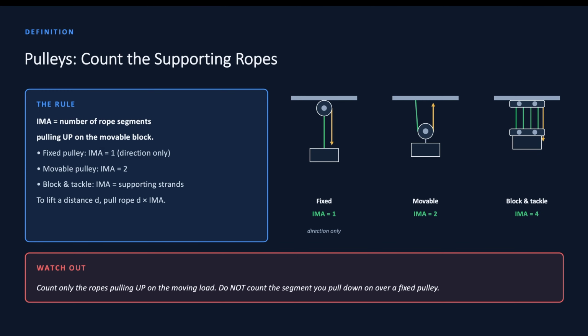So first, you have to understand that for a pulley, the ideal mechanical advantage is quite simple. It's just the number of ropes there are.